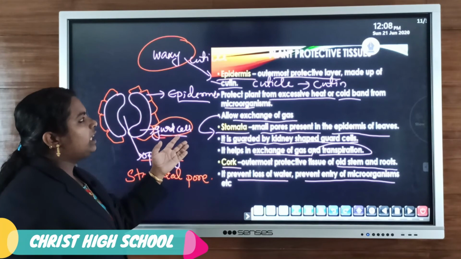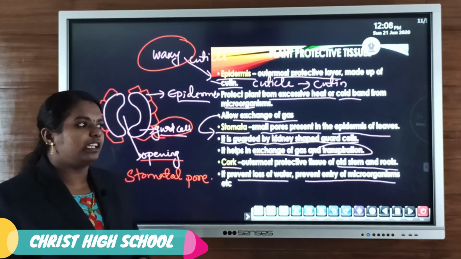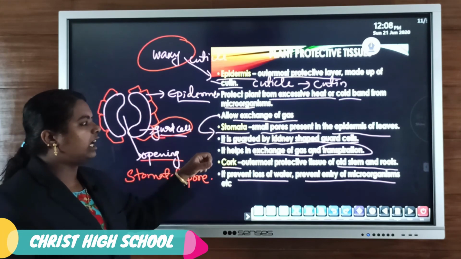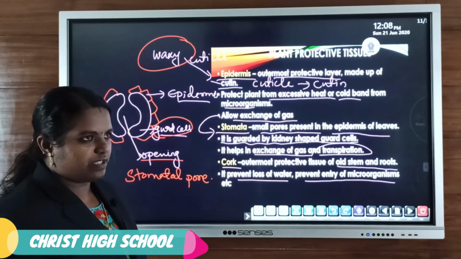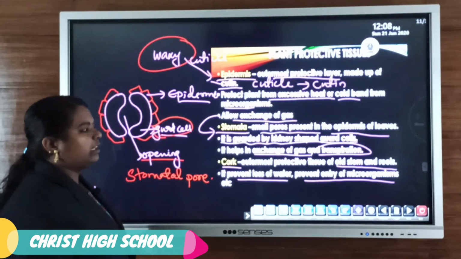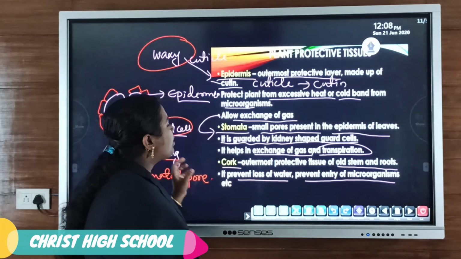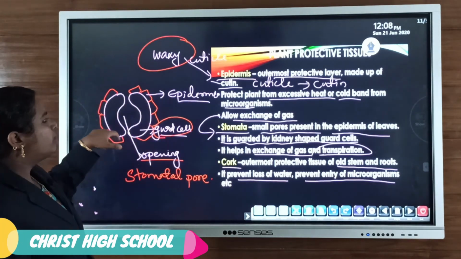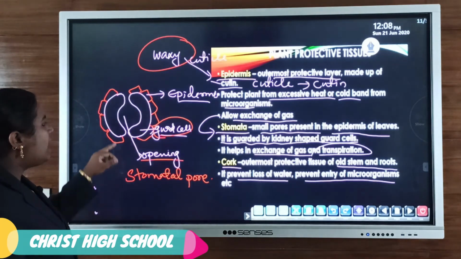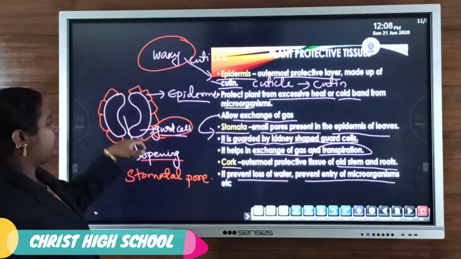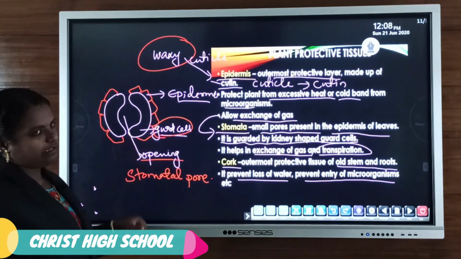Epidermis also helps in exchange of gas, because it contains another part, the stomata, small pores present on the epidermis of leaves. The main function of the stomata is to help in the exchange of gas as well as transpiration. The stomata are protected by two kidney shaped cells known as guard cells, with the stomatal pore between them, and the epidermis also covers the guard cells.